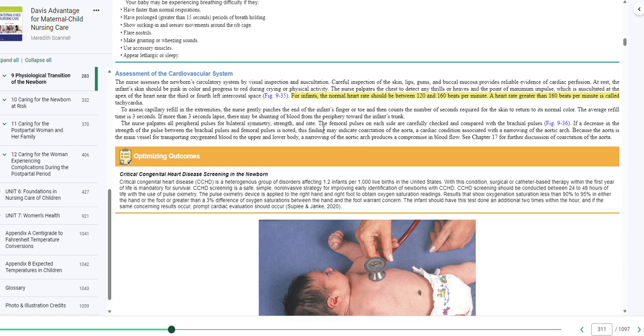You may or may not hear about murmurs when you're listening to the heartbeat. You may hear a murmur, and always remember, the louder the murmur, the smaller the hole. Let me say that again. The louder the murmur, the smaller the hole. The larger the hole, the softer the sound.